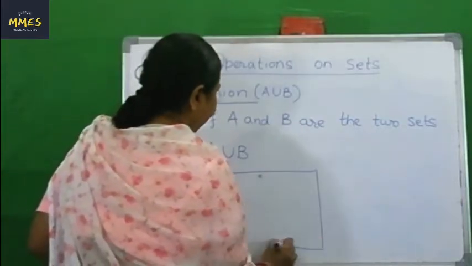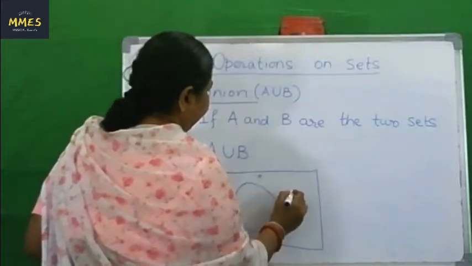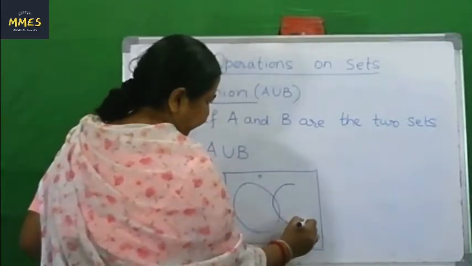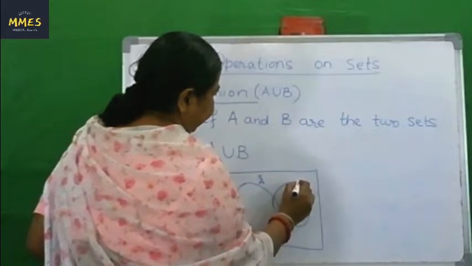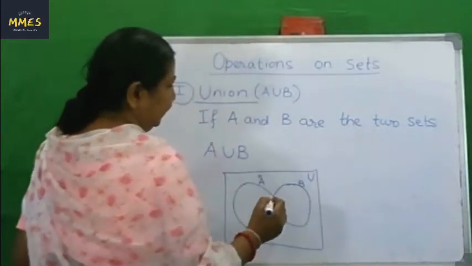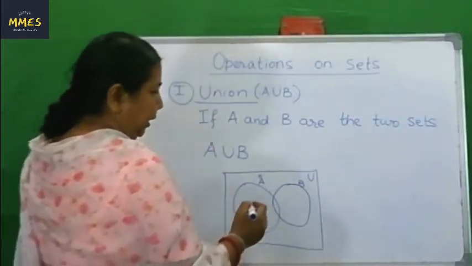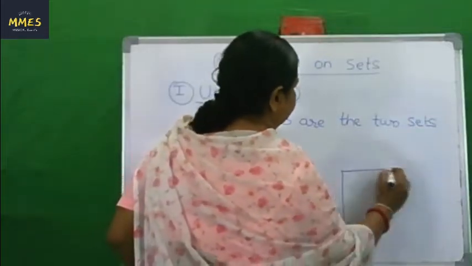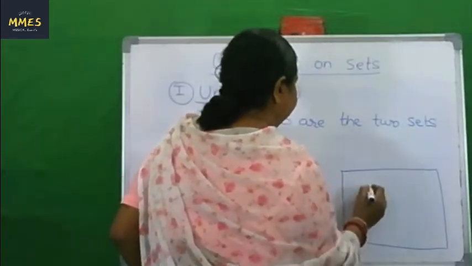Suppose A and B are there and there is a universal set, then A union B is represented in this manner.